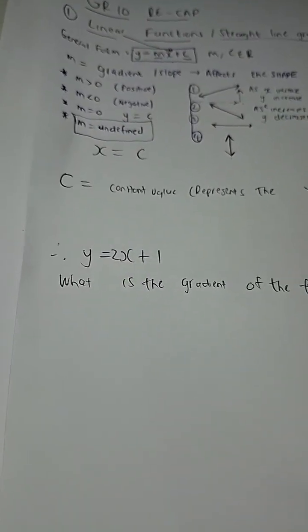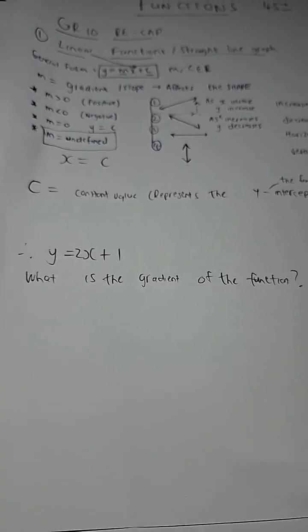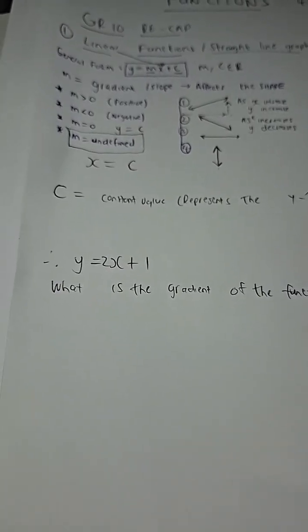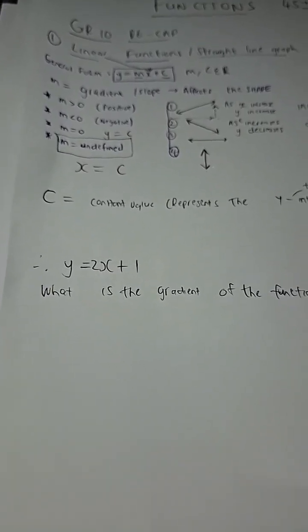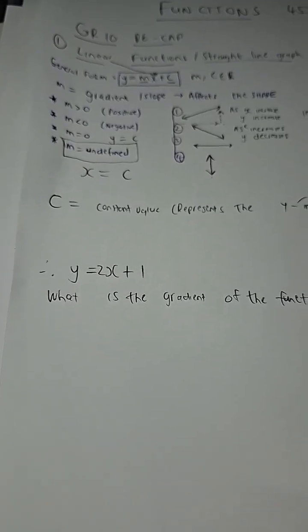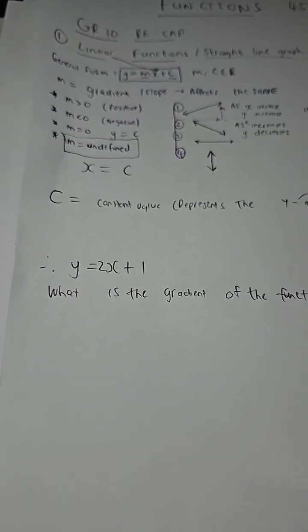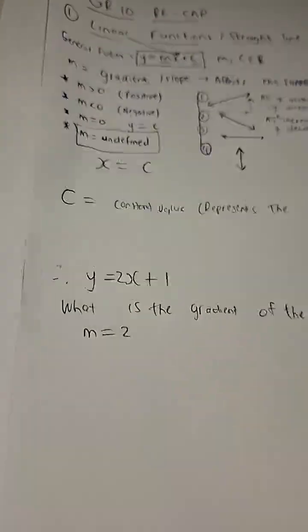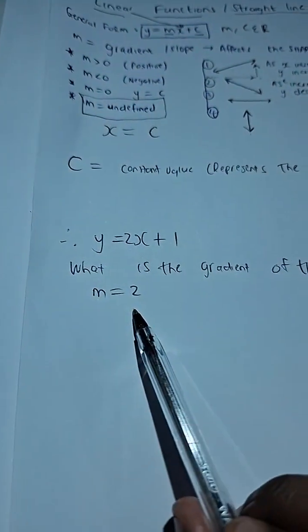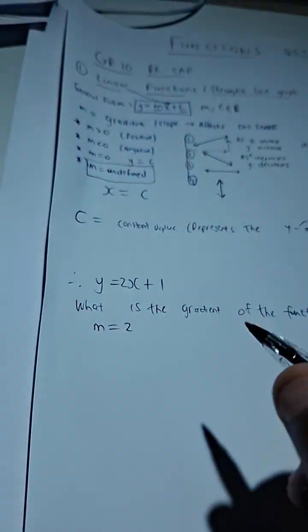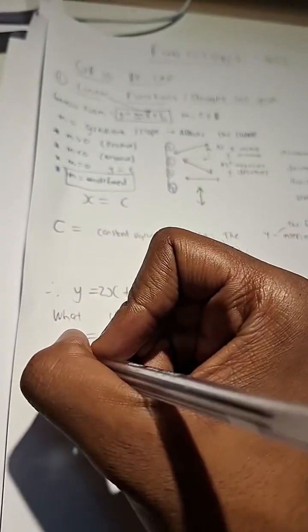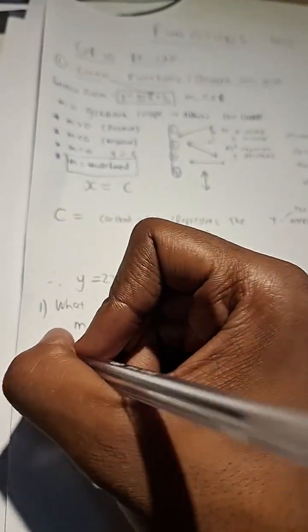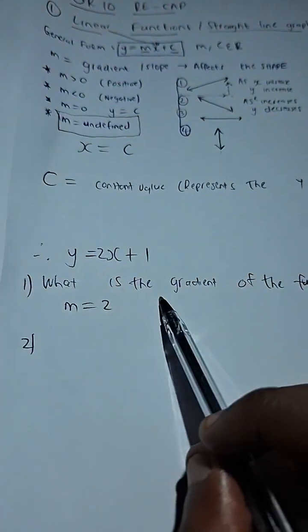What is the gradient of the function? Okay, you guys are spot on. So yes, the gradient of the function is 2. You guys are spot on. Seems like we are doing very well.